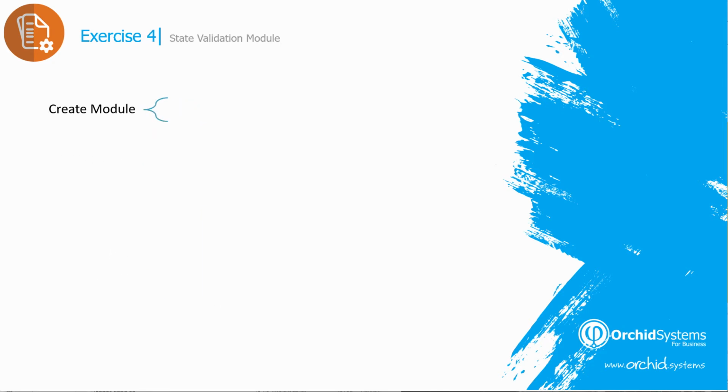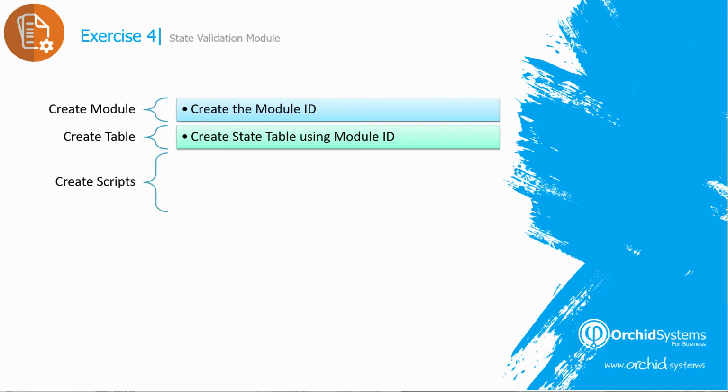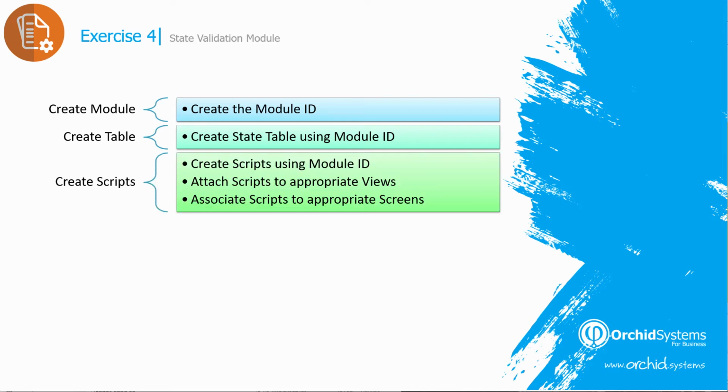The next exercise we're going to look at is the state validation module. So we're going to go ahead and create the module. Well, we've actually created the module already. And we've seen how to associate the module name with the table name and how to associate the module name with your scripts. And these can be view scripts and or OCX scripts.